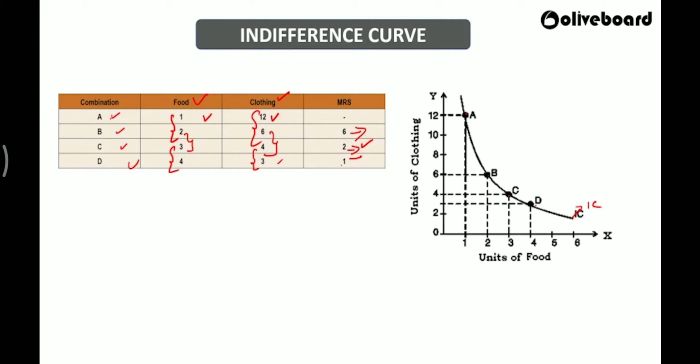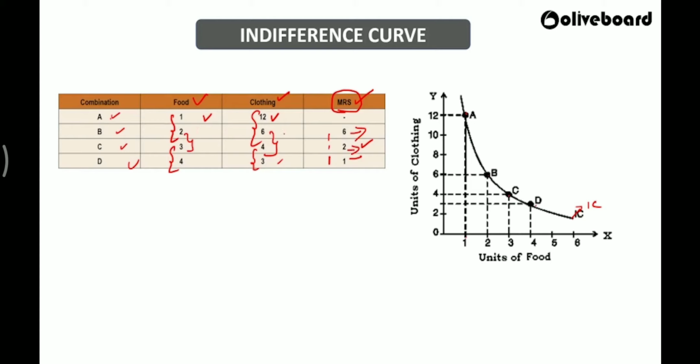Why? Because my marginal rate of substitution, MRS, keeps on declining. We will see the reason why it is declining. But please understand, from 12 units, I gave away 6 units to add one more unit of food.